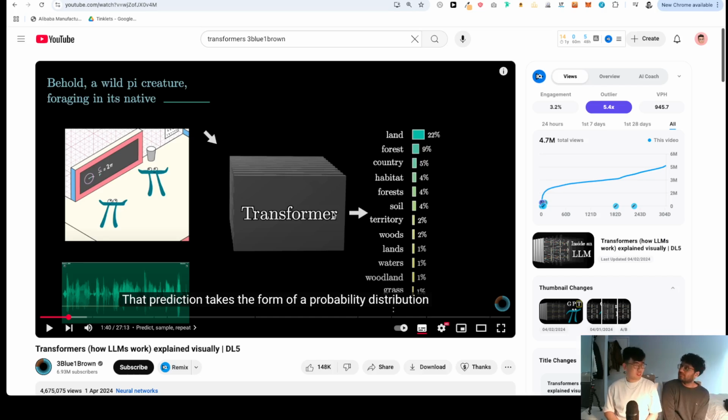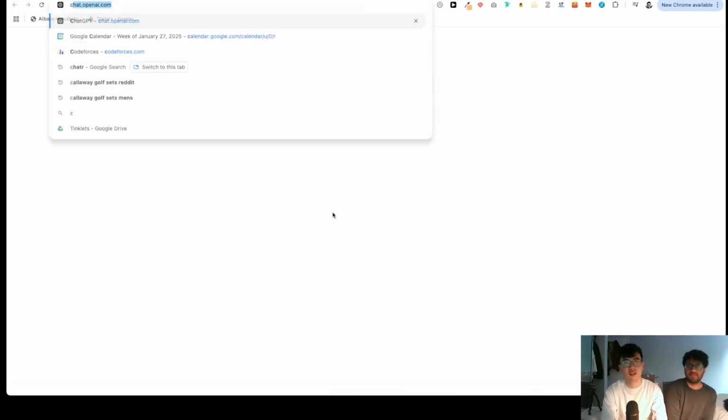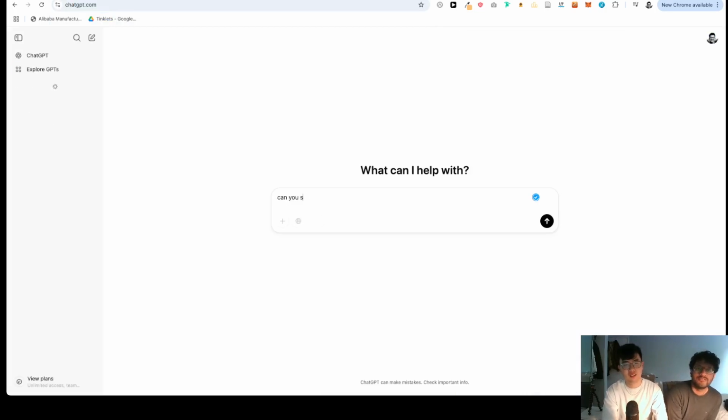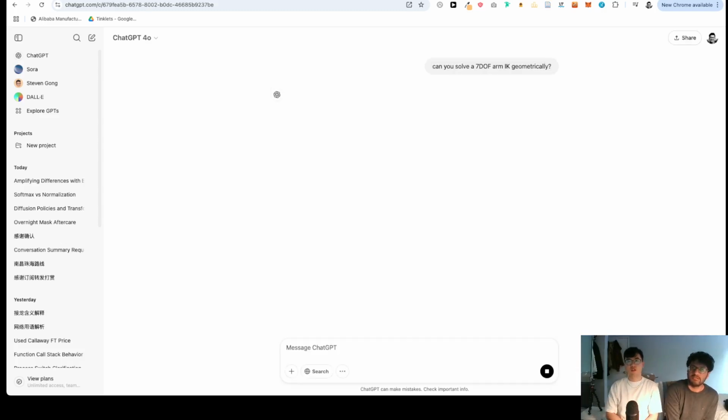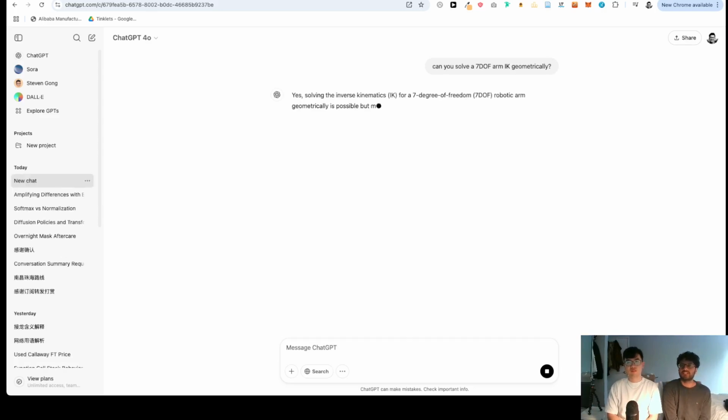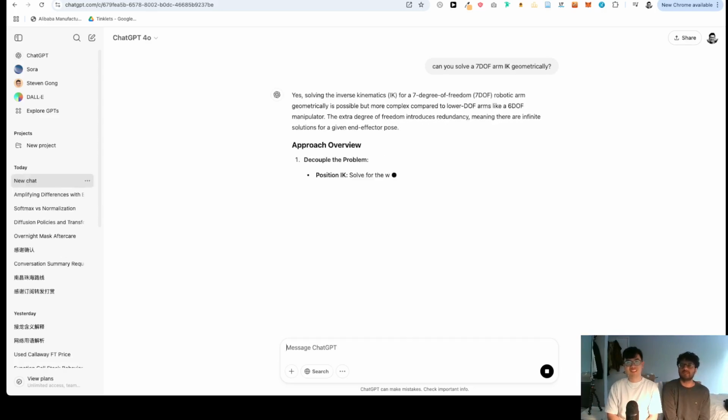Why can't you solve it geometrically? I think there's too many degrees of freedom, to the point where it's not possible, if I'm not mistaken. You might be able to, but there are certain conditions. I guess I'm wrong, it's possible. Oh, okay, it's just complex.